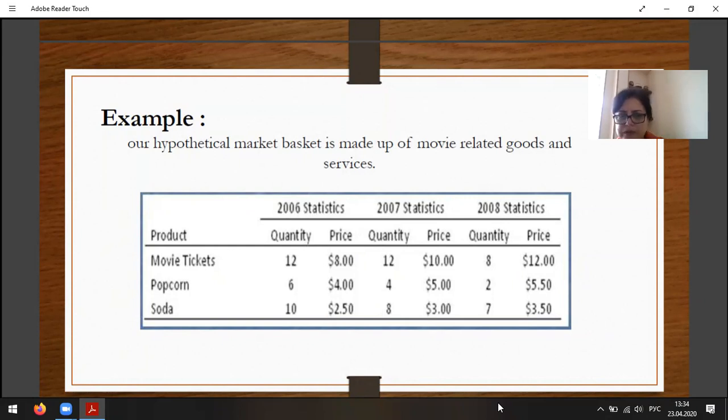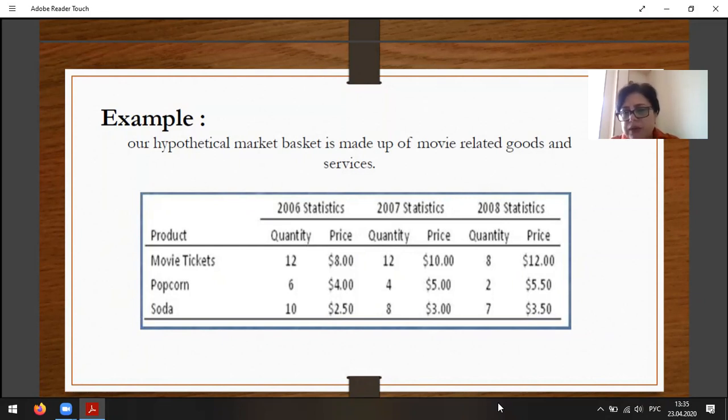Say, for 2006, you see the 2006 statistics: the quantities are 12, 6, 10, and the prices are $8, $4, and $2.50. Then the next year, 2007, again we see different quantities and a change in price.